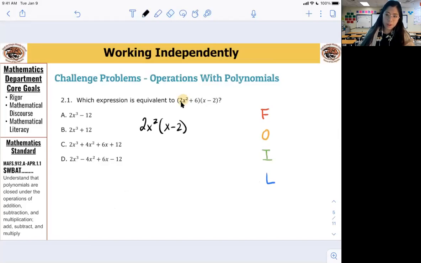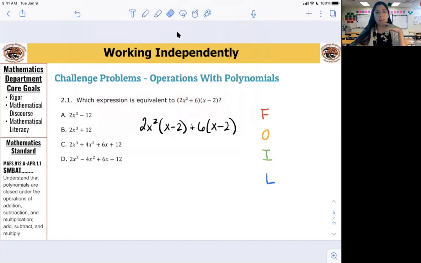Right, so that's called partial distribution. So I start with the first term and I distribute that. Then I go to the second term and I distribute that. So that's one way to do it, or you can use FOIL. So either way, you will get the same response.